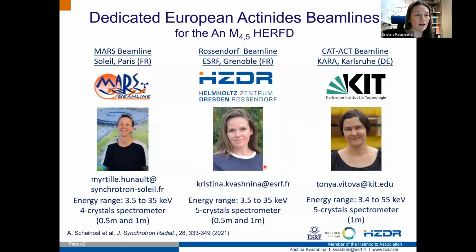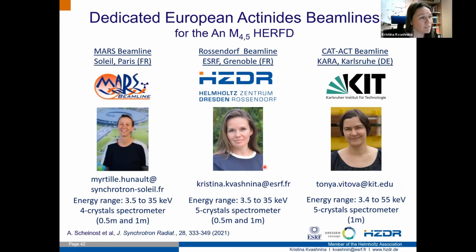But in fact, in Europe, we really have dedicated actinide beamlines, which have a special license for handling actinide materials with really high activity levels. And I found it quite unique. So I put this slide here just to show you all three beamlines.